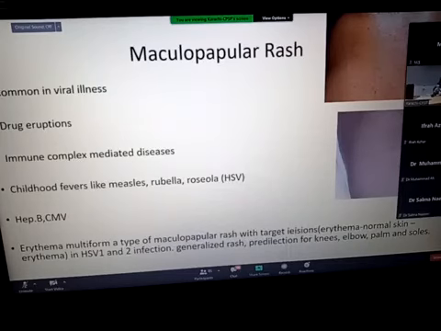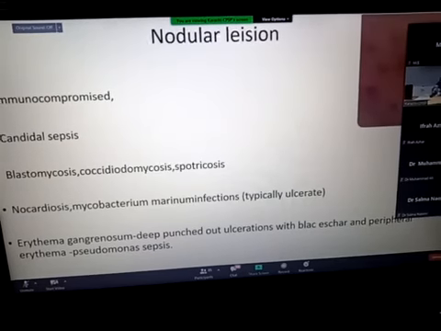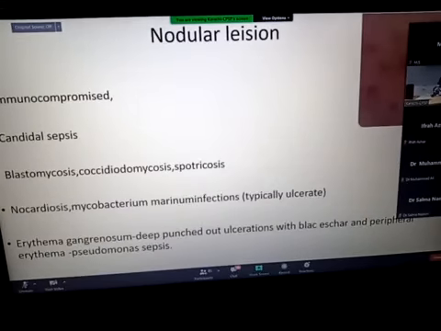So maculopapular rash can occur in different kinds of viral infections, and secondary syphilis can also lead to maculopapular rash and pustules. So bacterial infection, syphilis is an example. Then there are many examples of the viral diseases. Now moving forward to nodular lesions.